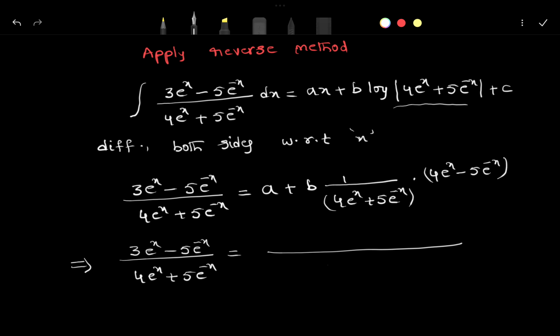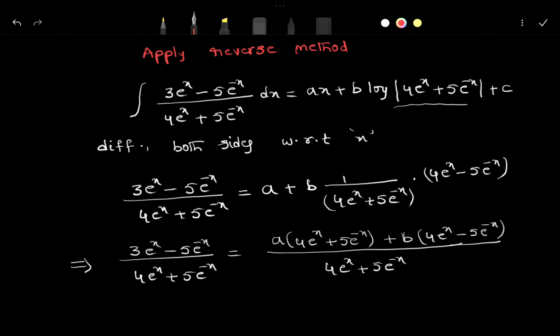That is 4e^x + 5e^(-x). Now this value is a into (4e^x + 5e^(-x)) plus b into this value, which is (4e^x - 5e^(-x)).